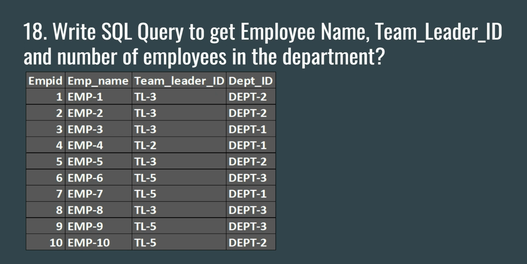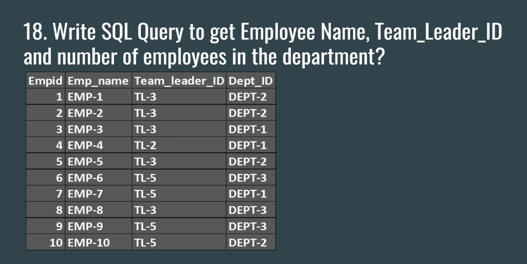I'm Atul, and in this video we are going to solve this question: we have to write an SQL query to get the employee name, team leader ID and the number of employees in the department. This type of question is quite tricky, and most often in an interview the interviewer will ask it. The reason is that you have to use common sense to understand the question completely.